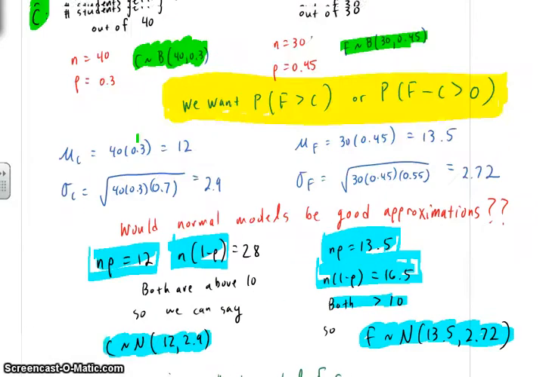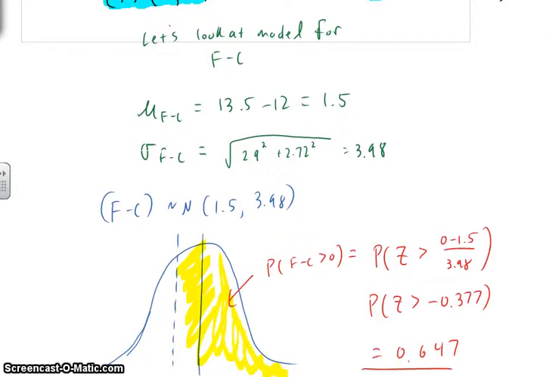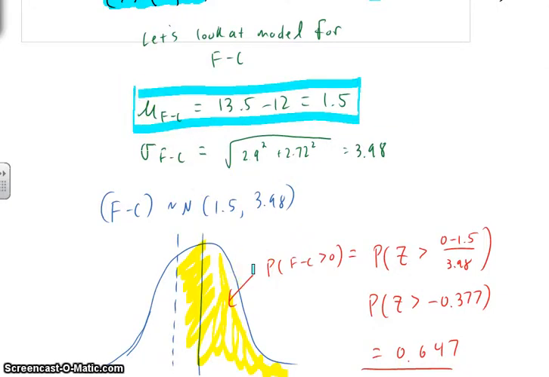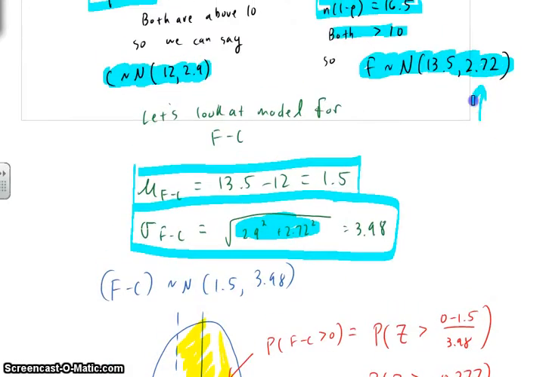Well, since the probability we want is really the probability that F minus C is greater than 0, we can look at the mean and the standard deviation of the difference. I expect Mr. Freeland to have 1.5 students more score than Mr. Curtis. To find the standard deviation, we add the variances from the two normal models that we found here.